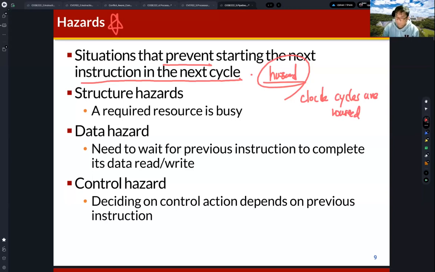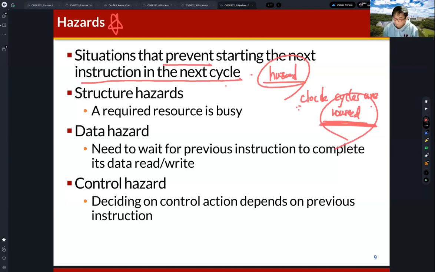Our expectation is that the new instruction can be assigned in the next cycle, but because of some situations it cannot, which means that the clock cycle is wasted. This situation is called a hazard.